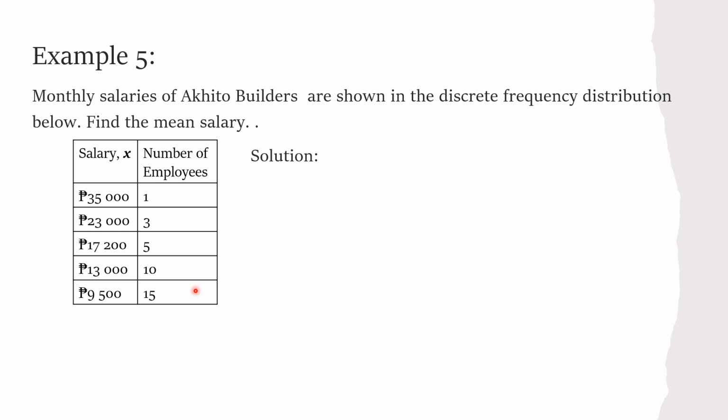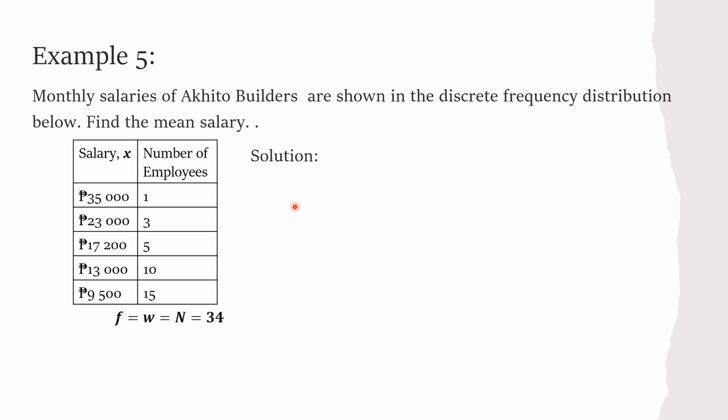So here is our solution. Let's find the value of N by adding the number of employees. So 1 plus 3 plus 5 is 9, plus 10 plus 15 is 34. This is also known as the frequency or the weights.